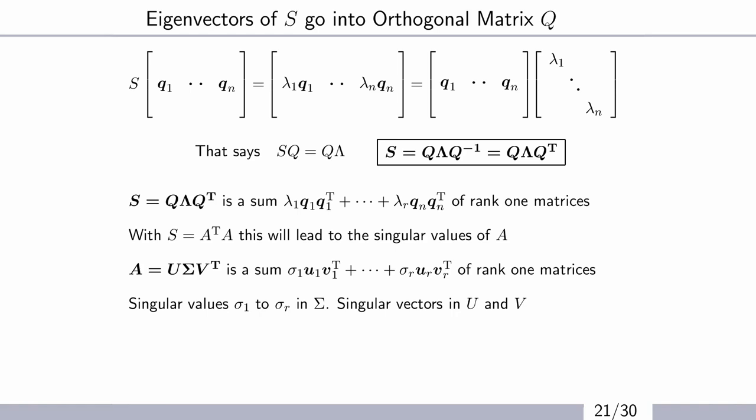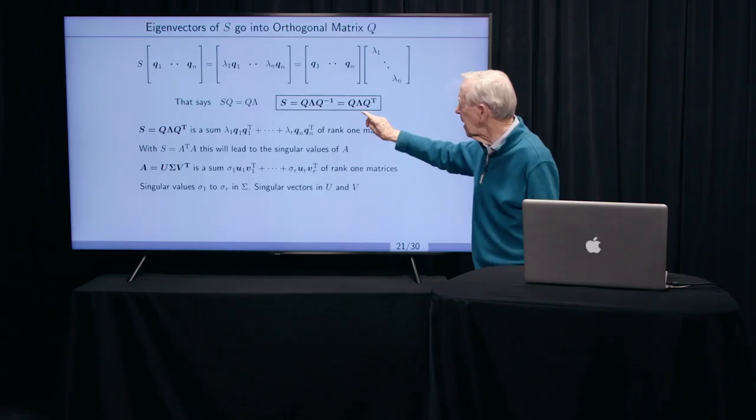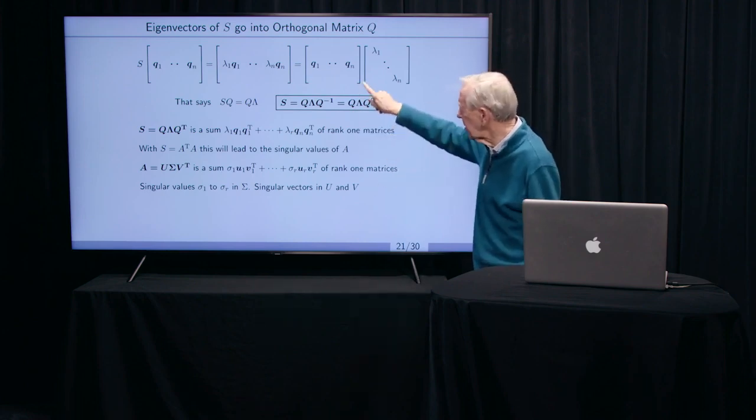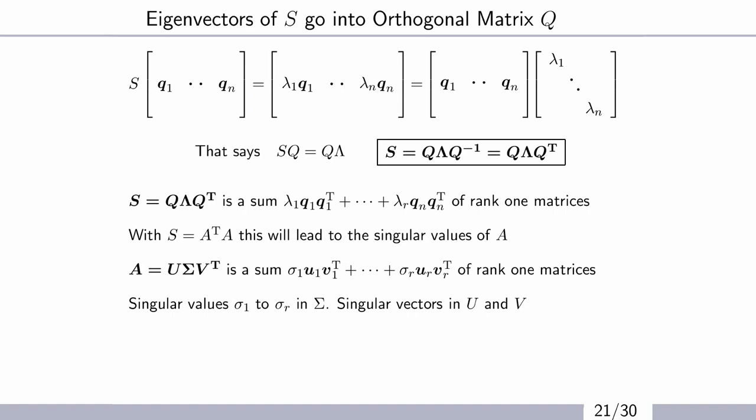That a symmetric matrix, just focus on that box, can be broken up into its eigenvectors, those are in Q, its eigenvalues, those are the numbers lambda 1 to lambda n on the diagonal of lambda, and then the transpose, so the eigenvectors are now rows in Q transpose.